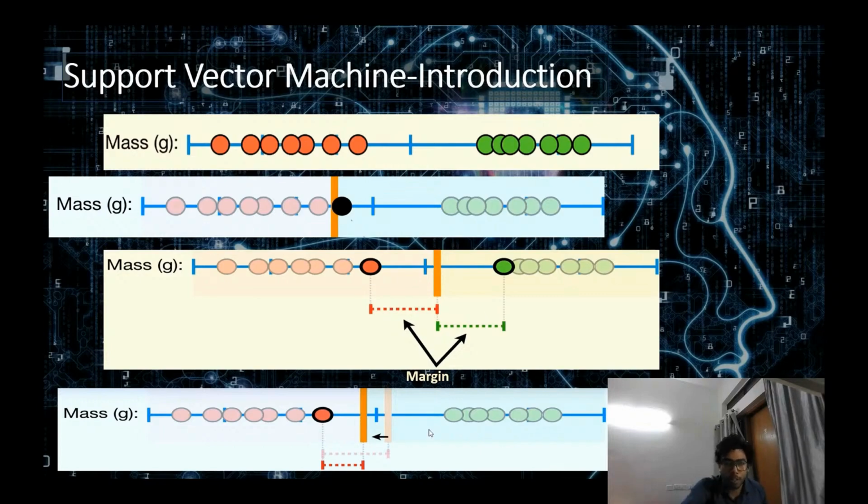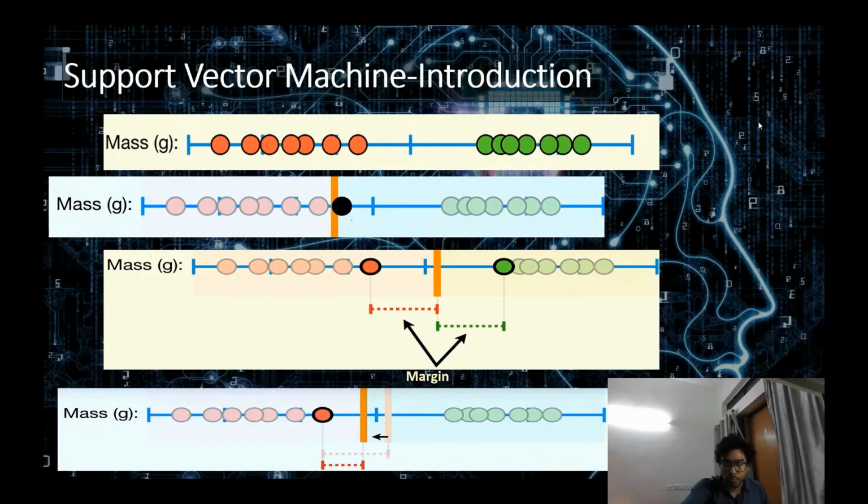For example, if you shift this line towards your left, the red margin decreases, whereas the green margin increases, right? So this is one way to classify this. But again, the question remains, which is the best orange line that could classify these examples?